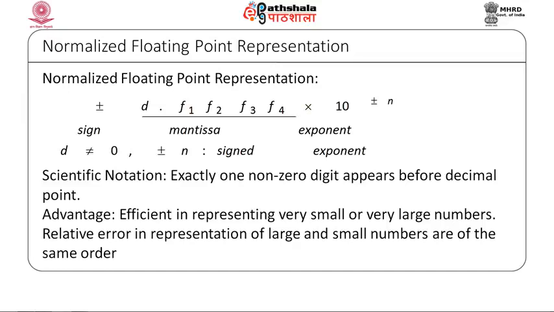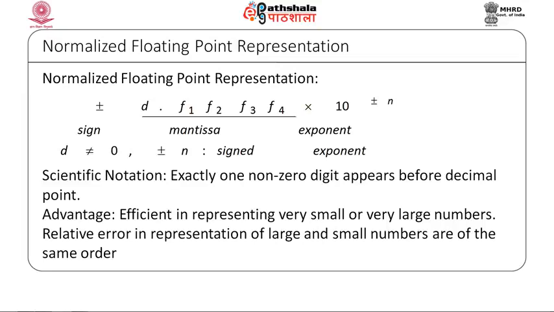In the case of normalization, for base 10 it would be of this form: plus minus, one box for sign, then only one digit D, point, and then you have the mantissa, F1, F2, F3, F4, and into 10 raised to a power.